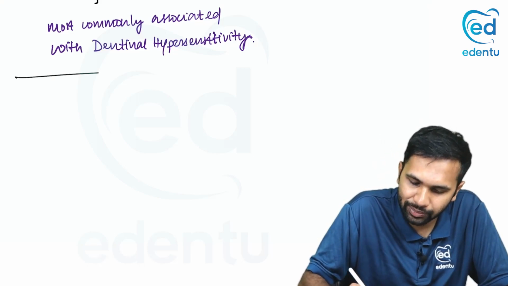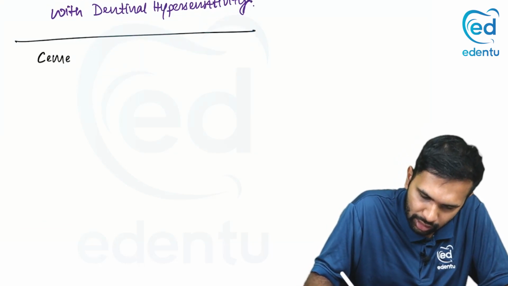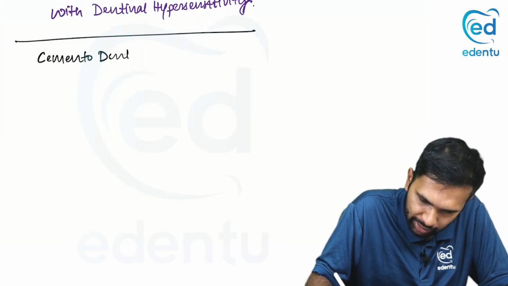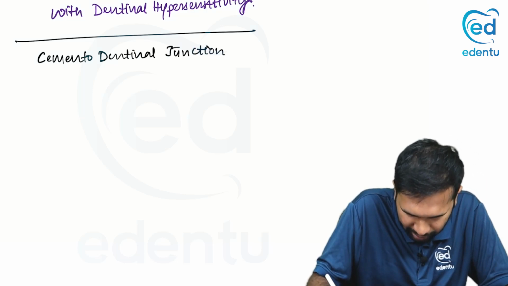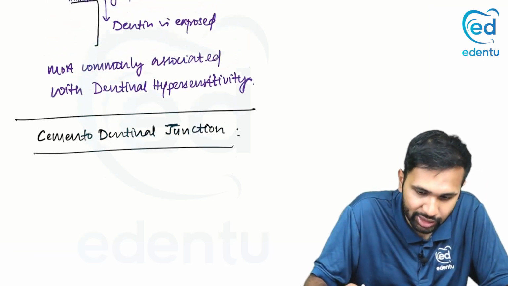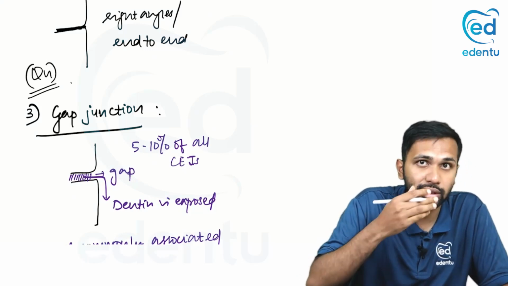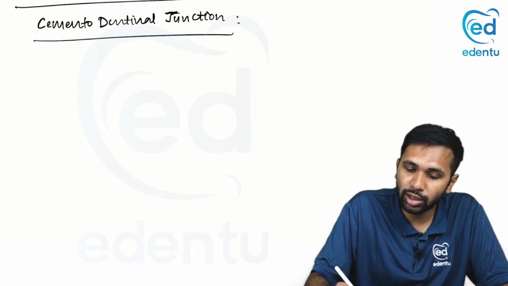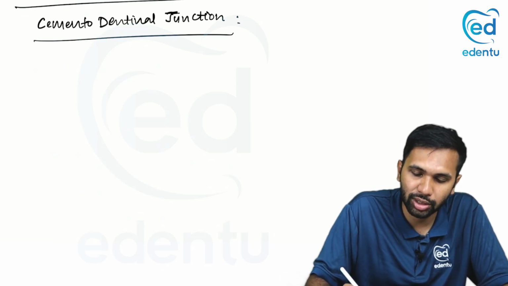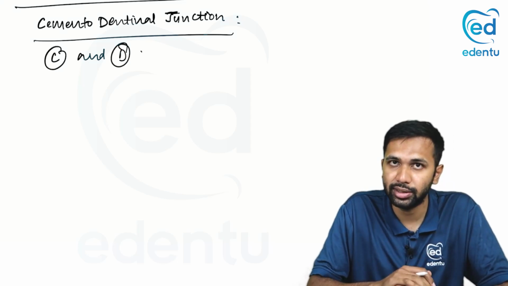The last point in this topic is that there is something called the cementodentinal junction. This cemento-enamel junction that we have discussed is a previously asked question, regarding the frequency, which is most common, which is least common. So the cementodentinal junction is the junction between cementum and dentine, as the name suggests.